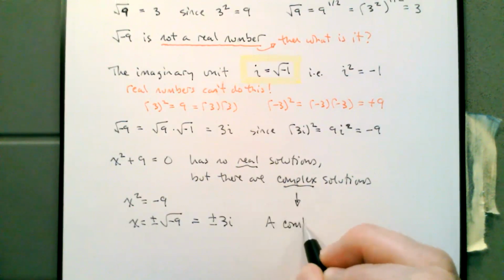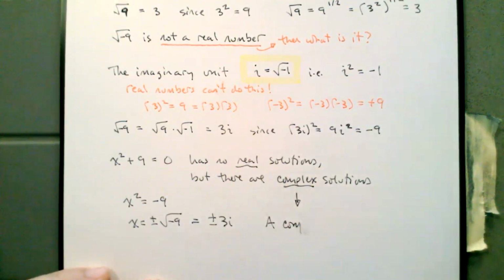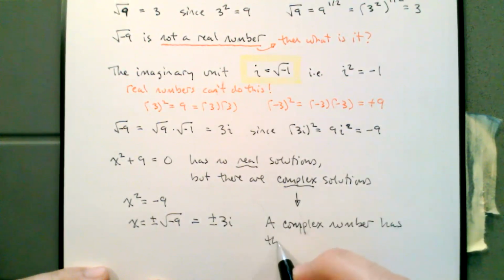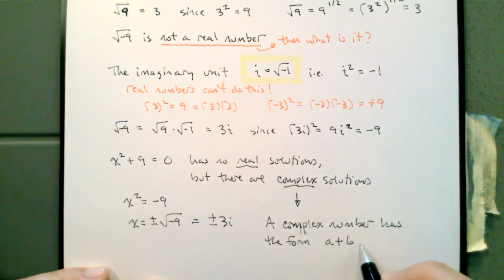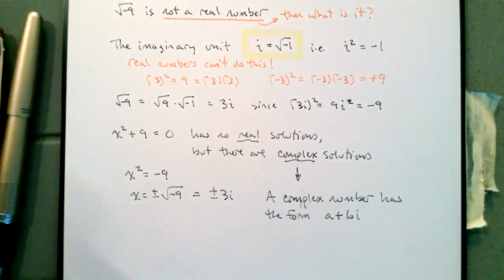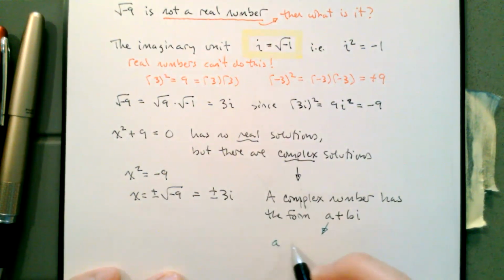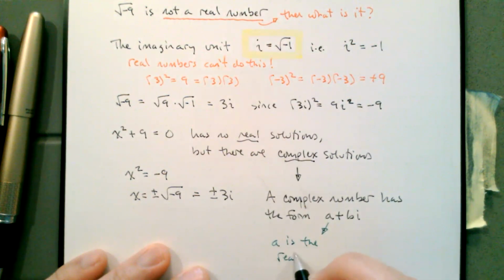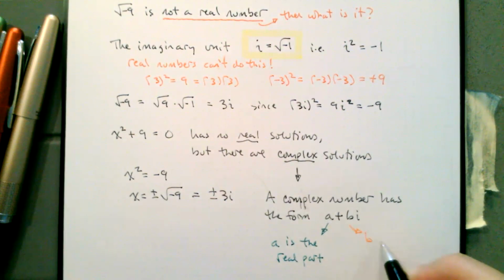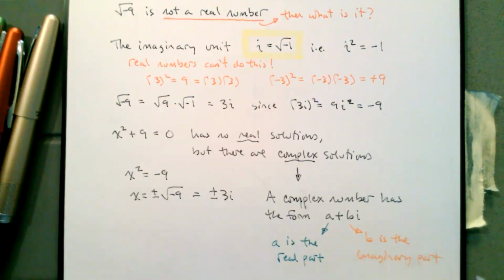A complex number, I spelled that wrong, complicate things, has the form a plus b times i. a is called the real part, and b is called the imaginary part.